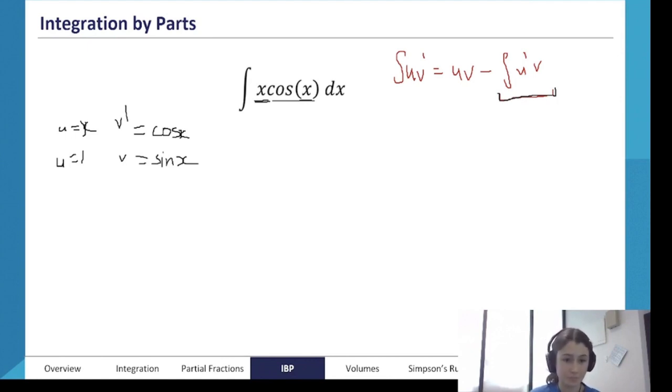So let's get on to actually applying this formula. Our integral is going to be equal to u multiplied by v, which is x sine x, take away the integral of u dash v. So u dash is 1 and v is sine x.